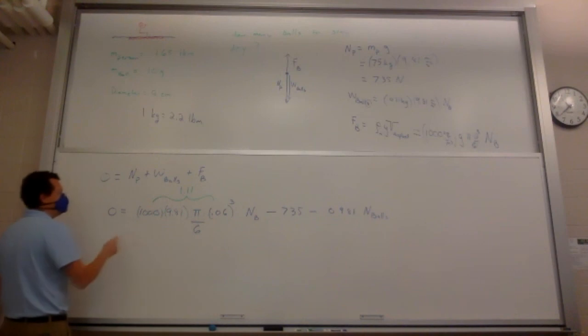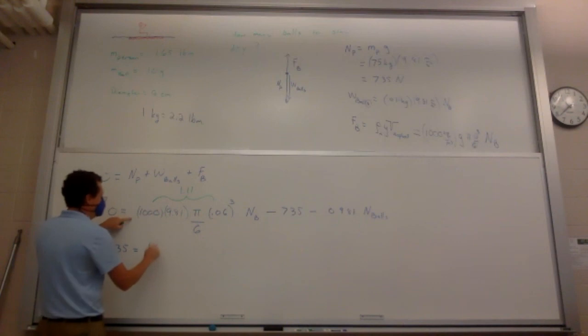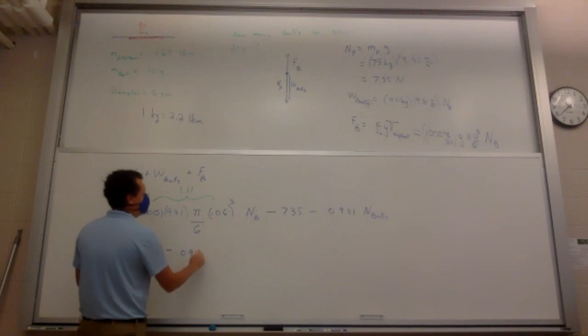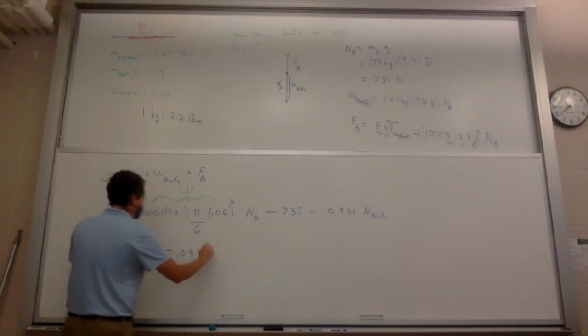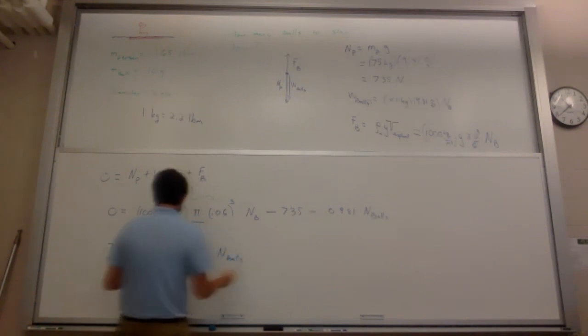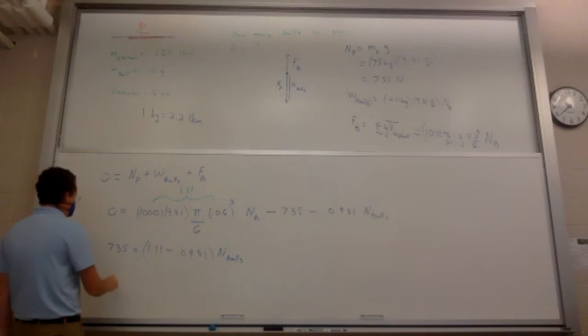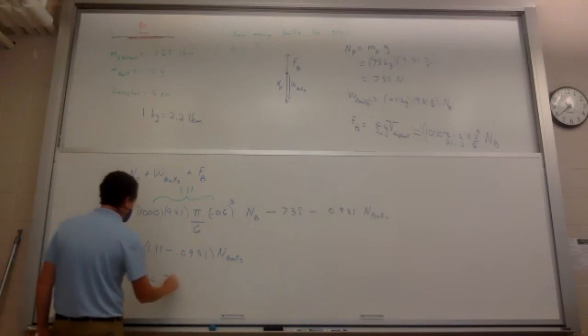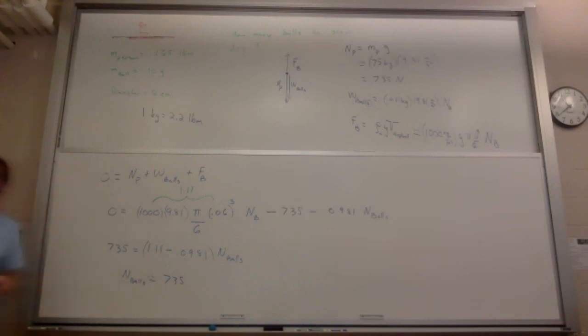So I can rearrange this to say that 735 equals 1.11 minus 0.0981 times the number of balls. That's pretty darn close to 1. So it's going to be essentially the number of balls should be about 735. Is that within rounding here?